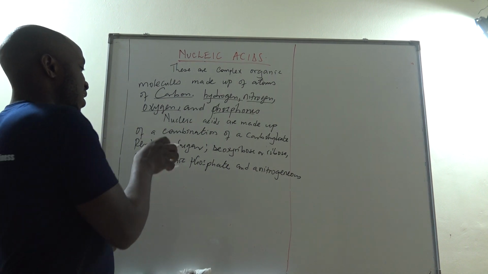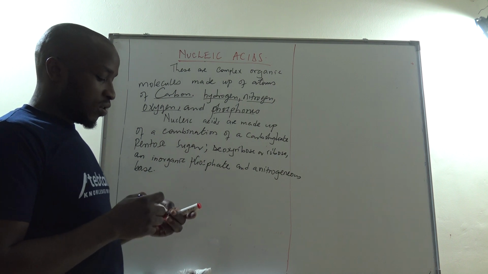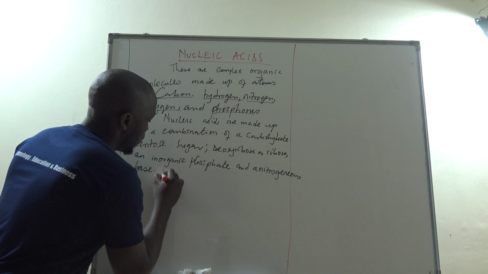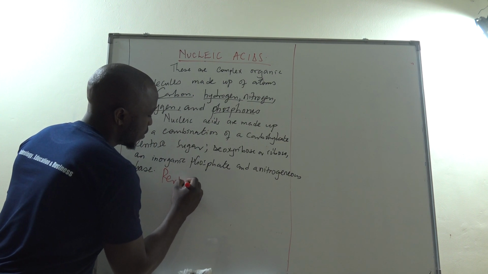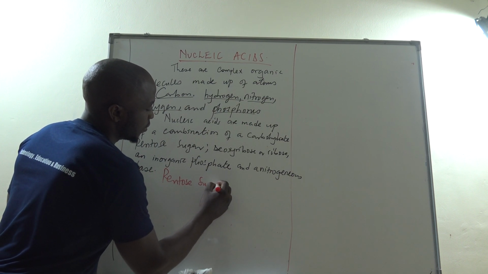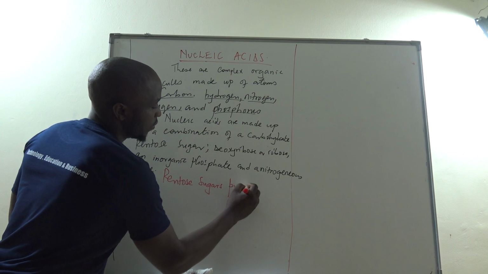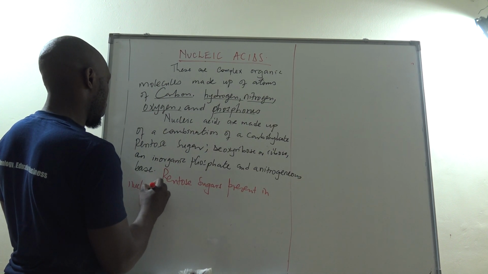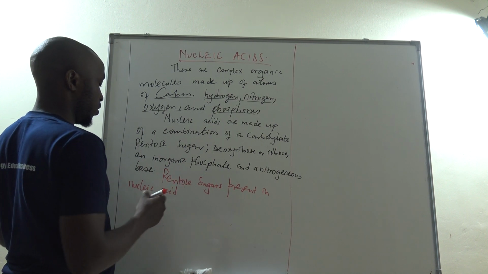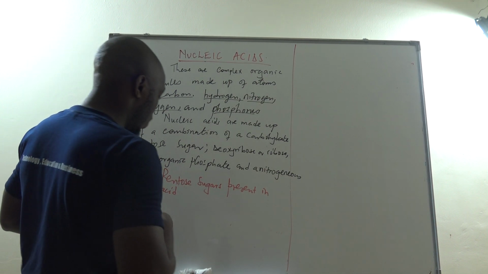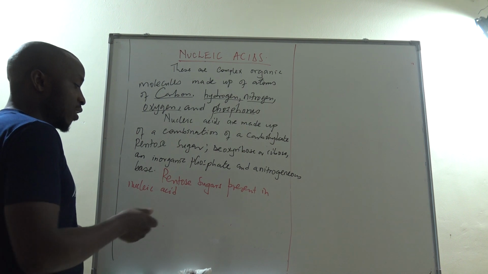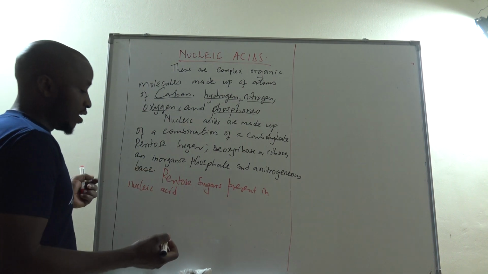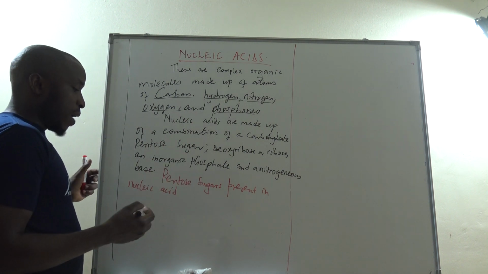So let's first look at the pentose sugars present in nucleic acids. Remembering from our part on monosaccharides, a pentose sugar has 5 carbon atoms and it is a furanose. There is no way it can be a pyranose.